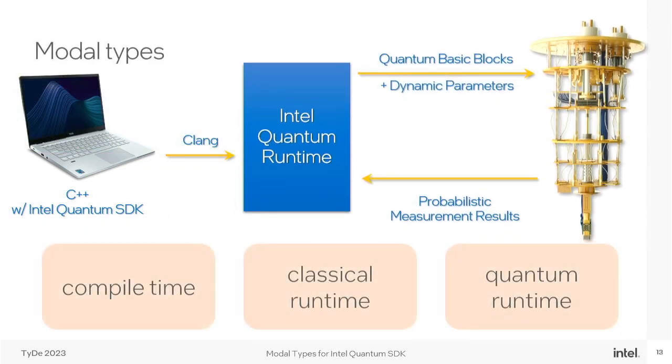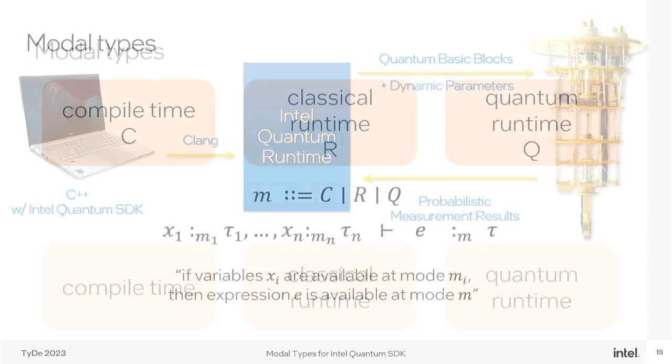And so to do that, I'm proposing modes. In particular, modes corresponding to the three different runtimes that are used in this system. So we have our compile time, we have a classical runtime, and we have a quantum runtime, and the latter two might go back and forth.